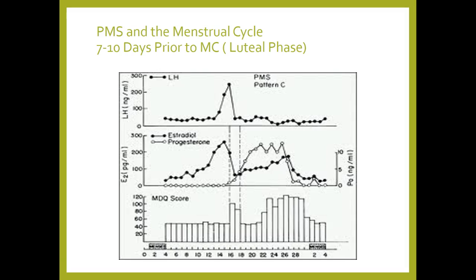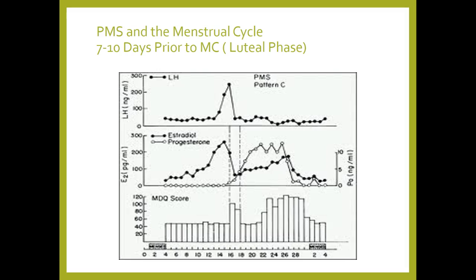So, PMS in the menstrual cycle, 7 to 10 days prior to the menstrual cycle, or the luteal phase. Now, your book actually says 3 to 14 days prior, like I have in the previous slide. So remember that. And when is the luteal phase? The luteal phase happens when progesterone and estrogen are high towards the end of the cycle.